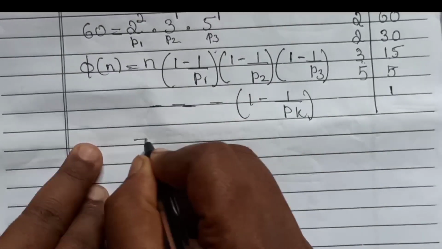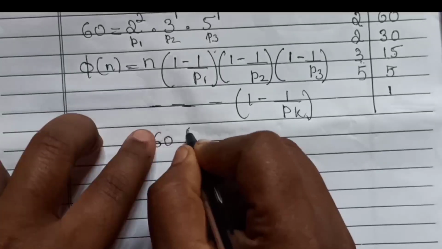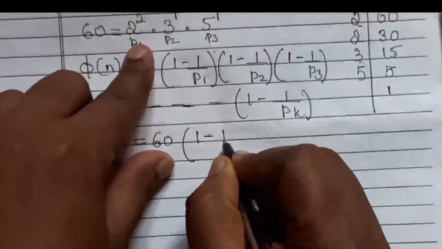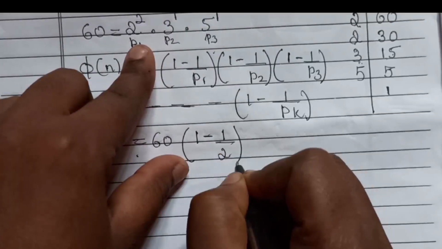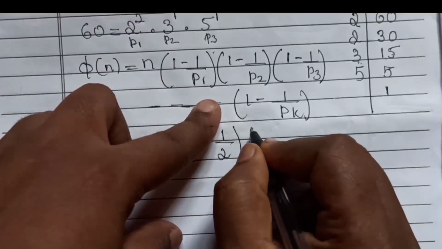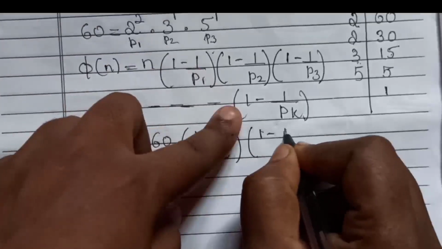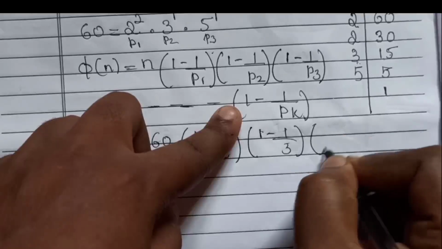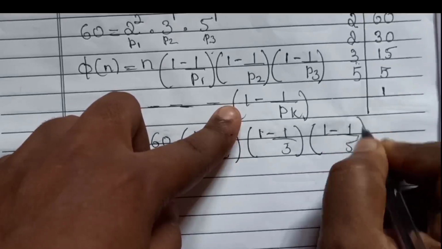Now n is 60, and you can take any one as p1, p2 and p3. So 60 into (1 minus 1 by 2) into (1 minus 1 by 3) into (1 minus 1 by 5).